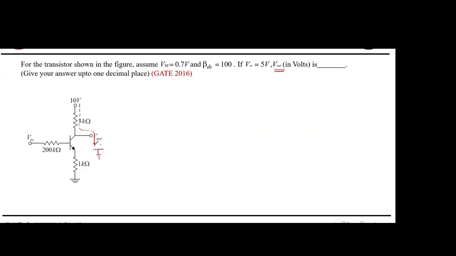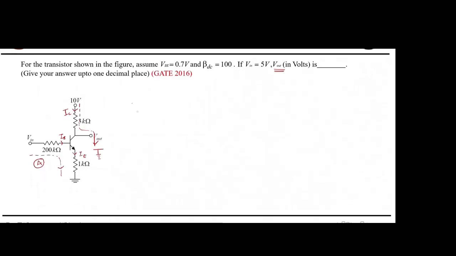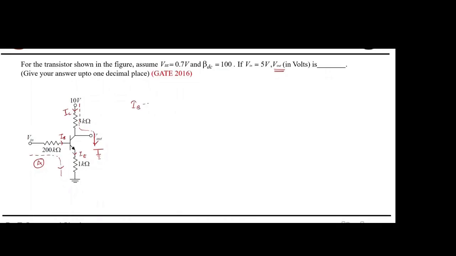Here the current is IC. So to find out the V output, I need the information of IC. Yes or no? But if I use this loop, which is nothing but IB and IE, from this loop A, I can find out IB.